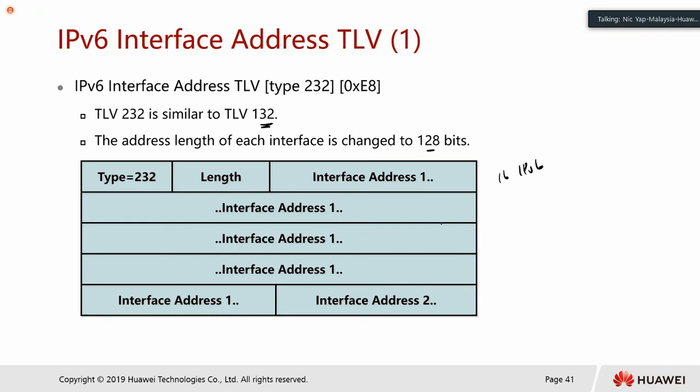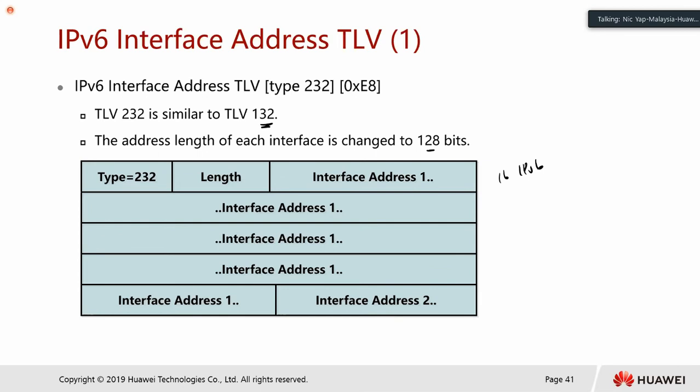Let's say it's in the hello packet, this interface address TLV contains only the link-local addresses of the interface that sends the hello packet. So when they send this information, they need to allocate how many addresses, a maximum of 16. Okay, 16 IPv6 addresses can be inside the interface address.